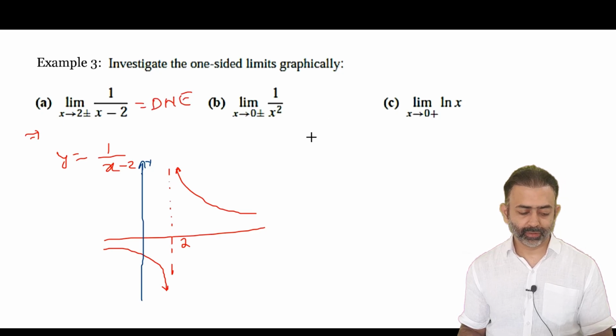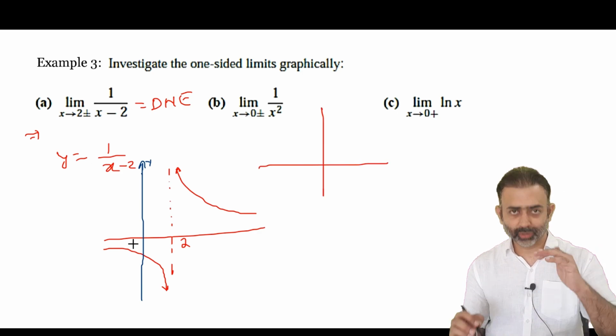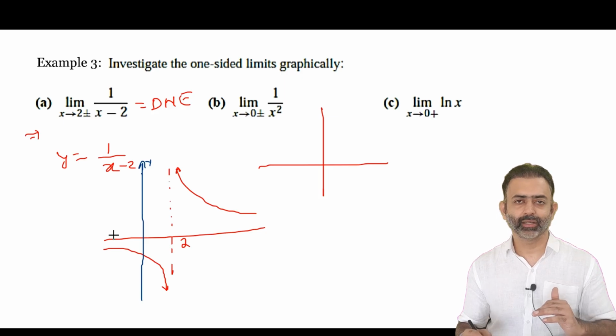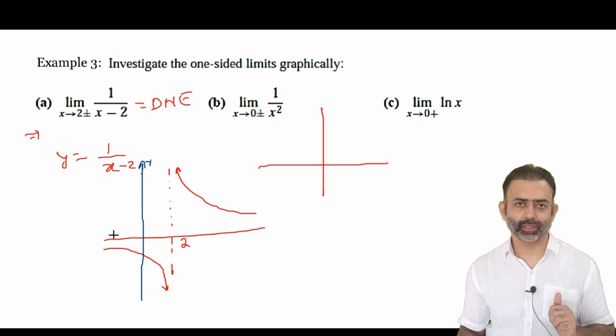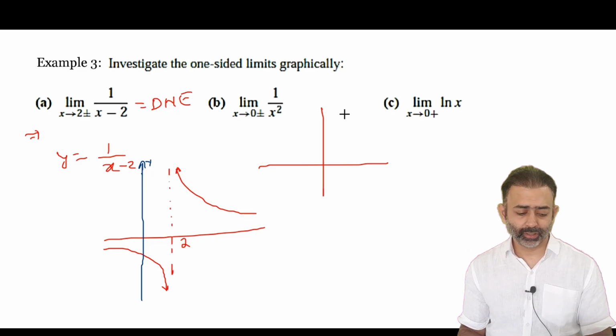For the 1 by x square graph, whatever portion of this is lying below the x-axis will be above the x-axis. I mean 1 upon x square cannot be negative, and at x equal to 0 the function is not defined, so it will be like this.